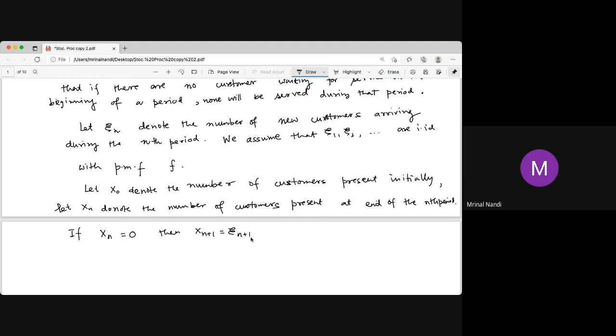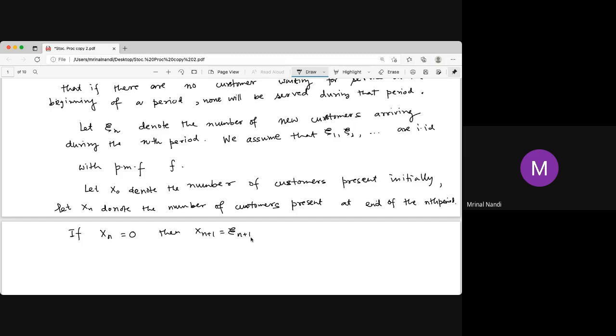So that means it is the end of the first period, and your x0 is initially 0. After that it will be ξn, the number of customers in the nth period.